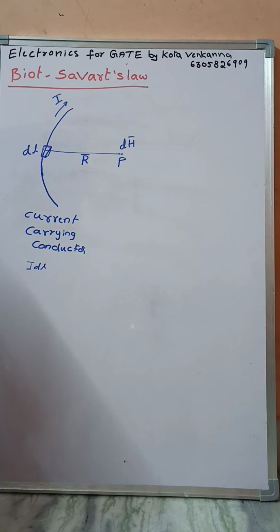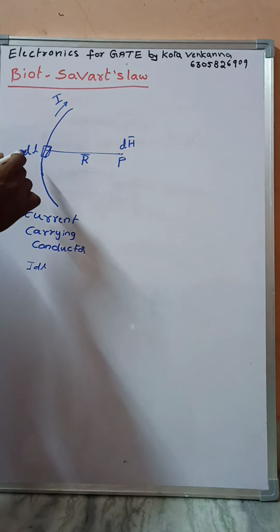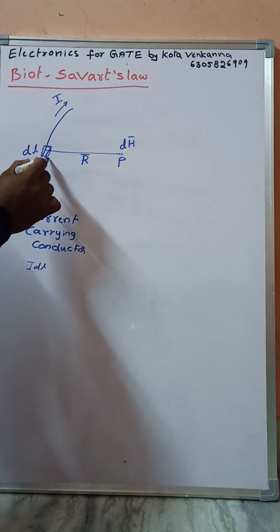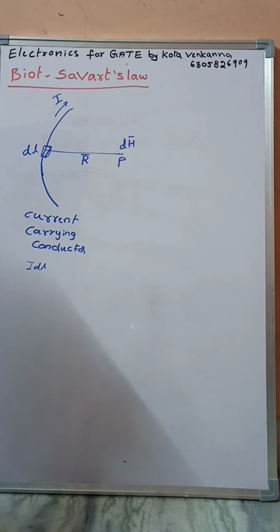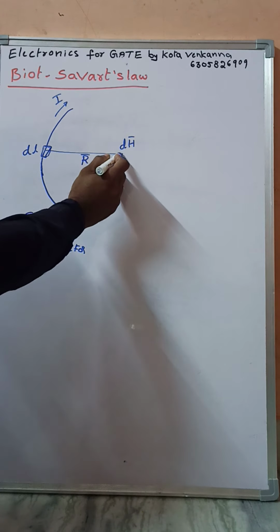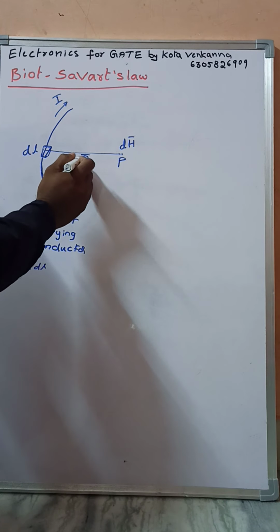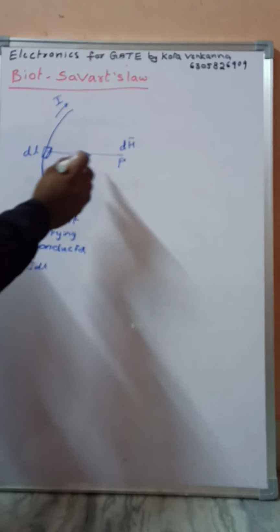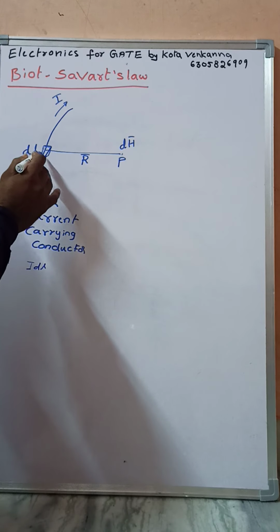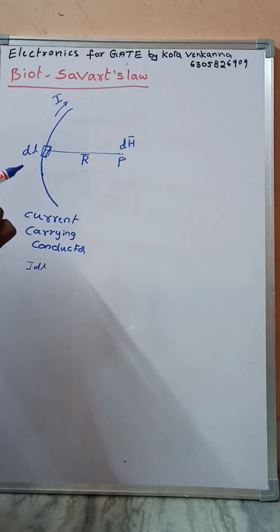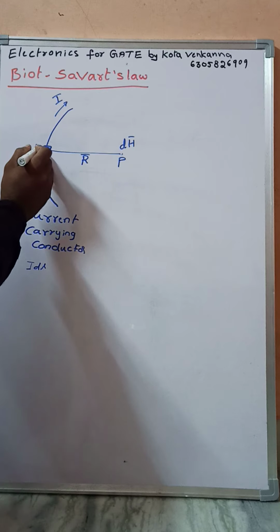This is a very small part of the current carrying conductor. IDL, where DL is a small part of the current carrying conductor. At the point P, the distance is R, the distance from point P to the small part of the current carrying conductor DL.